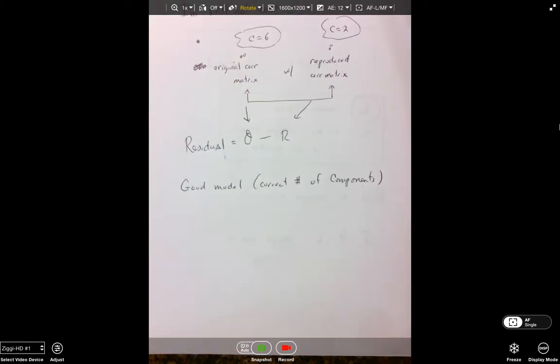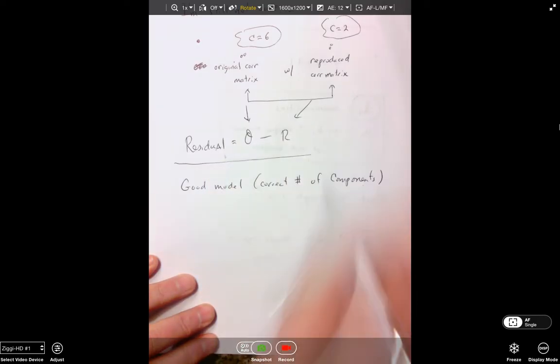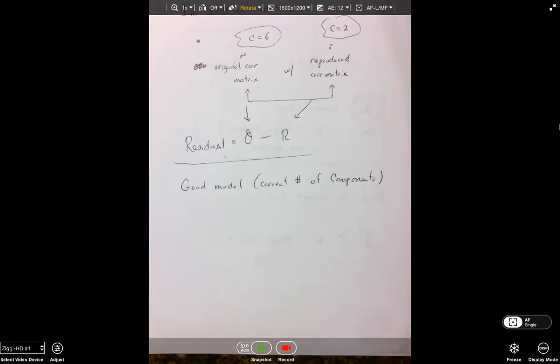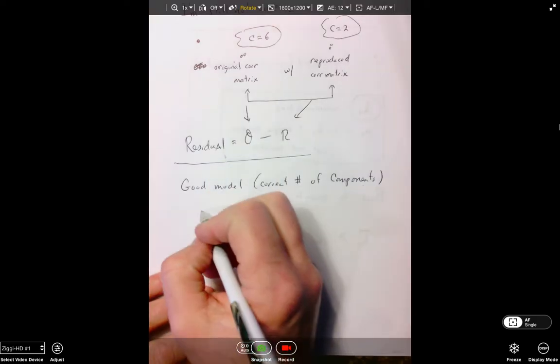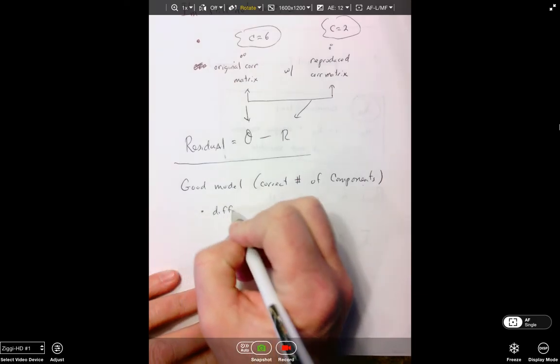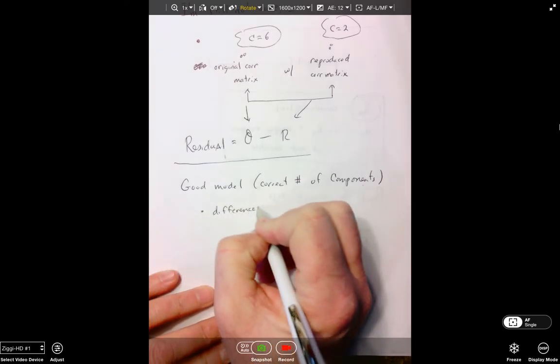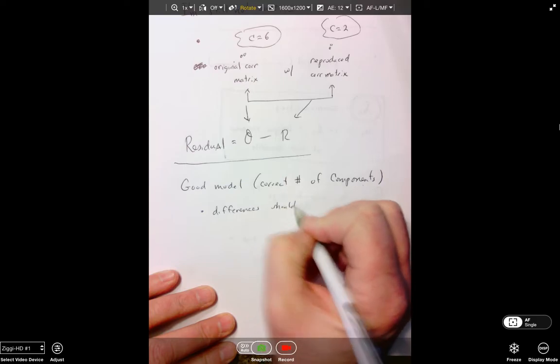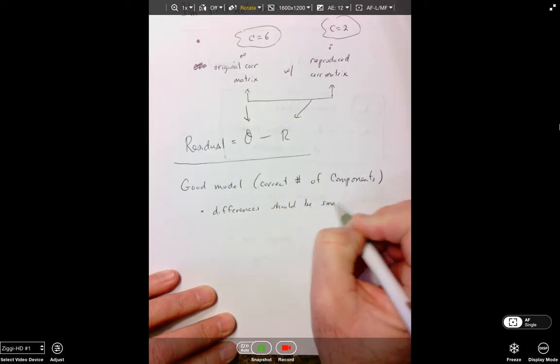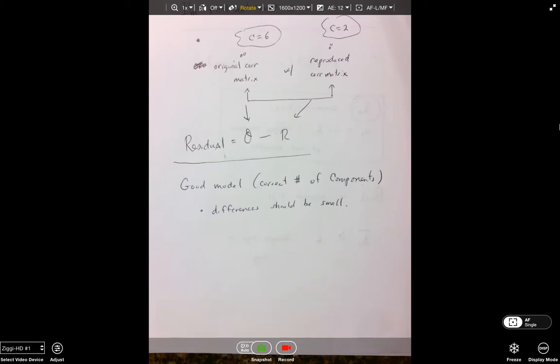So a good model, with the correct number of components, the differences in the correlation should be small. I think that's for obvious reasons.